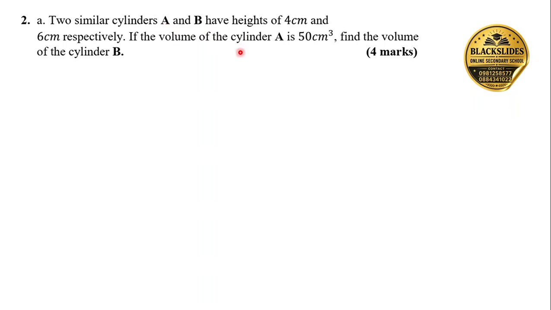That is what is called the scale factor. By how much should A be multiplied to give B? So we need to find the scale factor, the number by which A is multiplied to produce the volume of B. In order to find such a scale factor, we shall simply take the ratio of their heights and cube it.